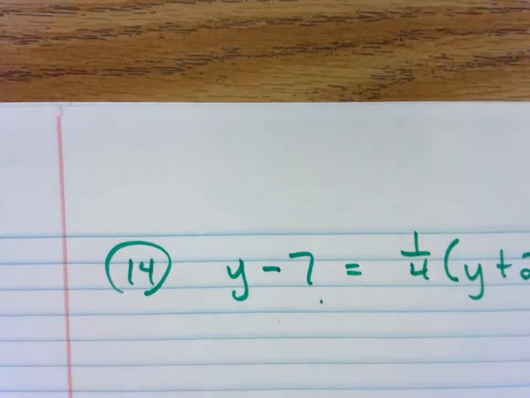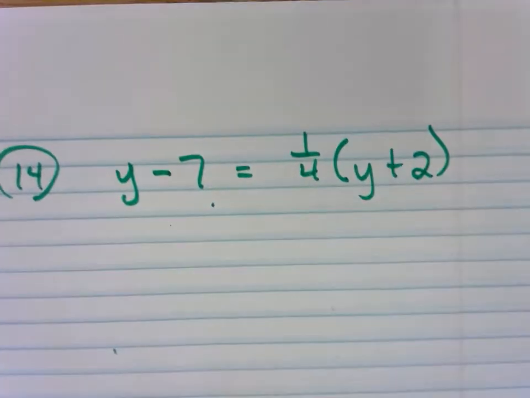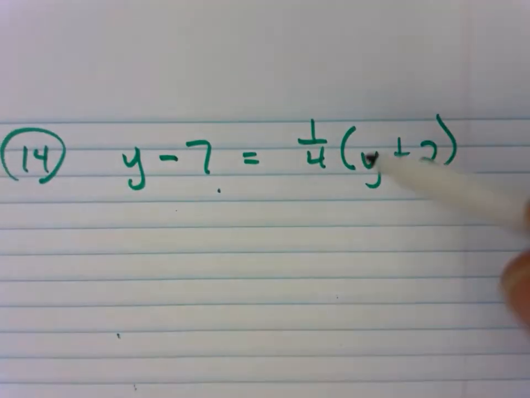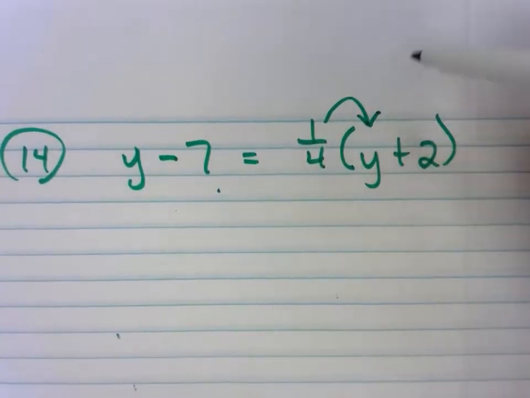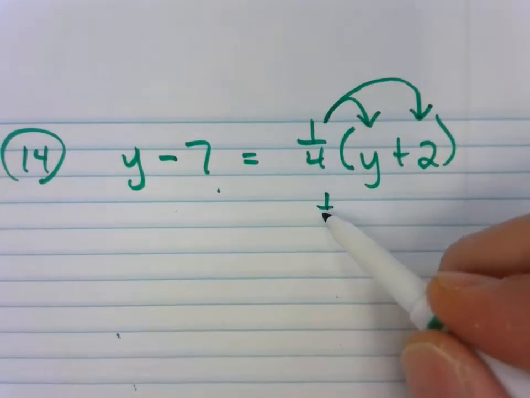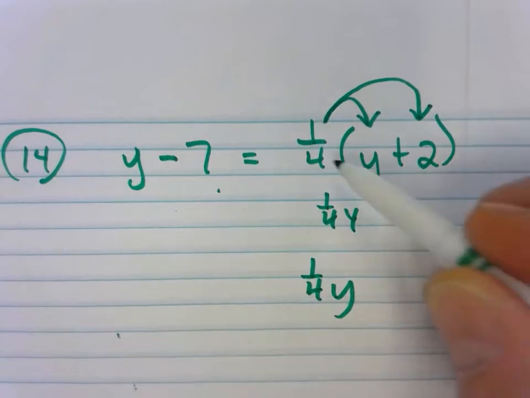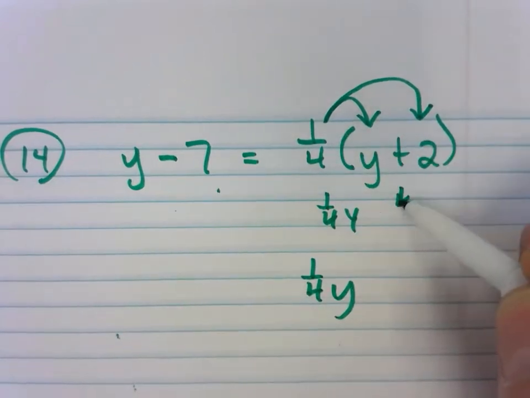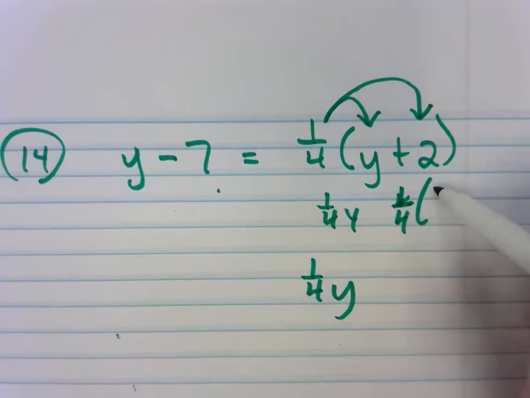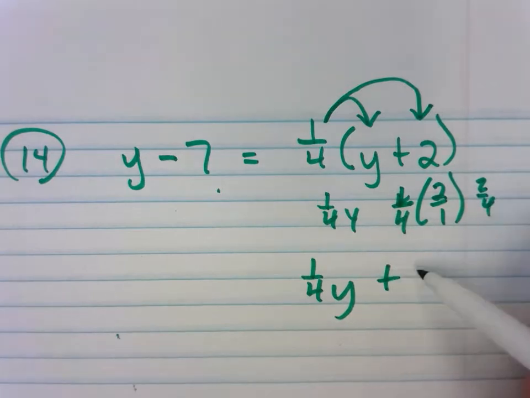I don't know that we've distributed a fraction yet. This might be the first time we've distributed a fraction. So we've got to do 1/4 times y and 1/4 times 2. Well, 1/4 times y is just going to be 1/4 y. 1/4 times 2, 2 is a whole number, so it'd be 2 over 1. So it ends up giving you 2/4, which is going to be a half.